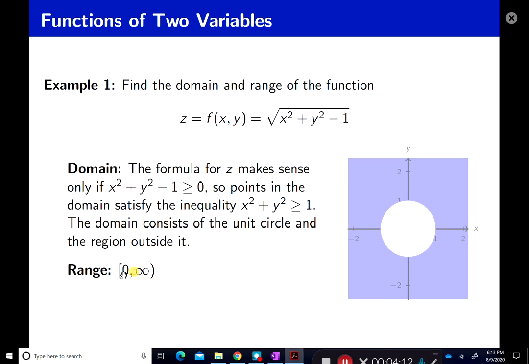This is why the range of this function is going to be 0 to infinity. The inside function can be as low as 0, and as high as you want, positive infinity. So the output of the square root is going to be 0 to infinity.